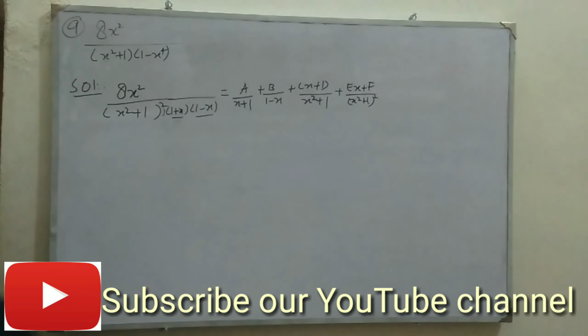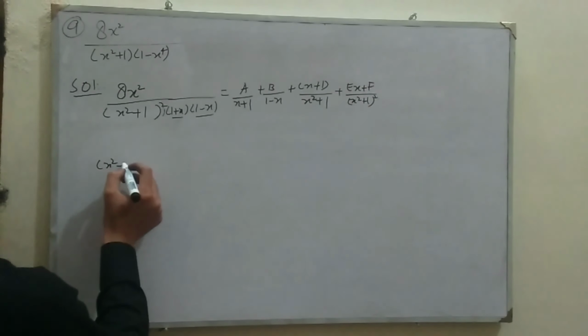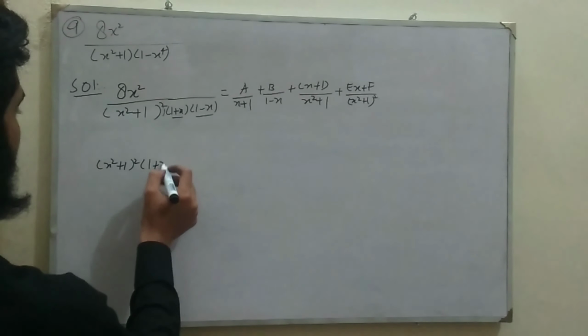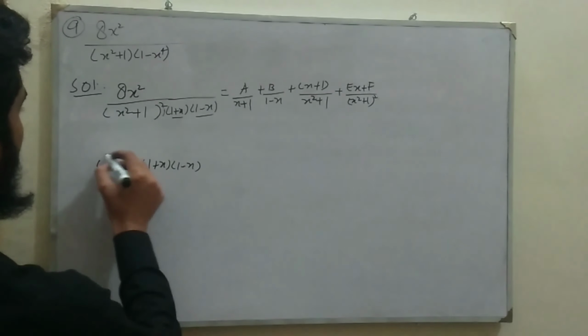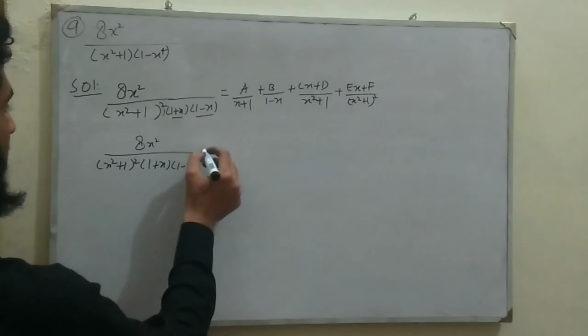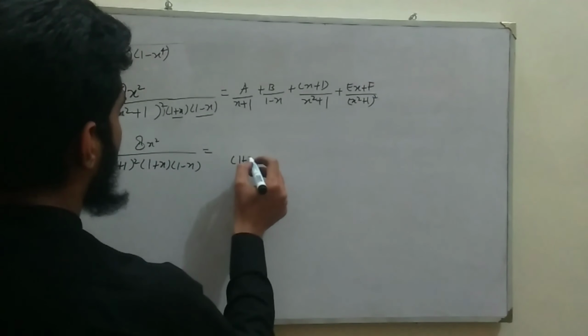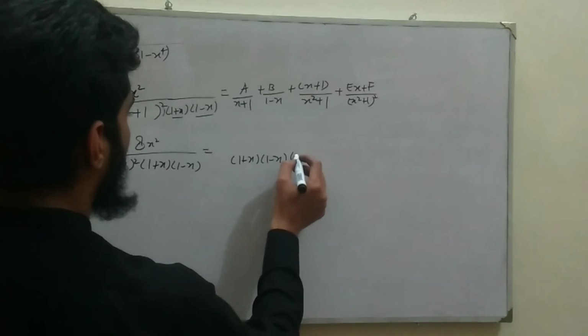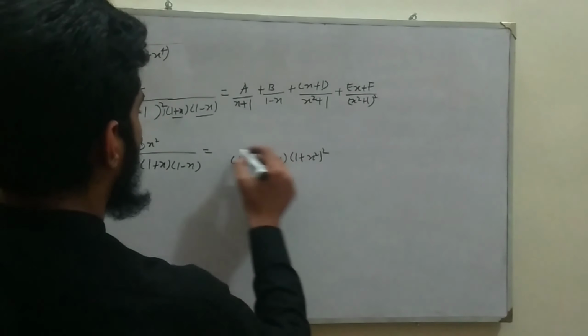Now taking LCM, x square plus 1 whole square, 1 plus x into 1 minus x. And x square is equal to 1 plus x, 1 minus x, and 1 plus x square whole square. This is the LCM.